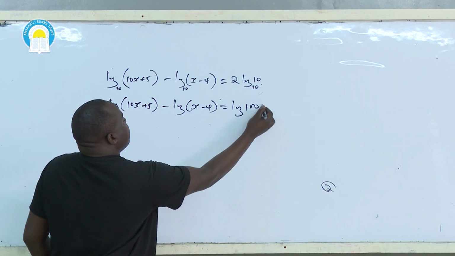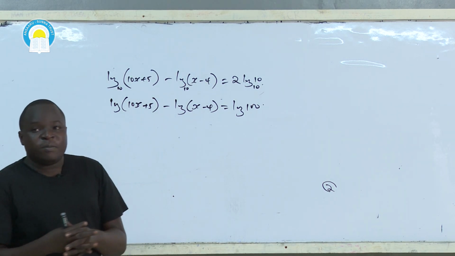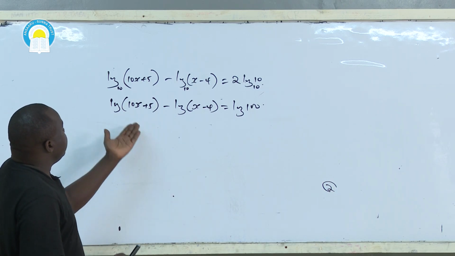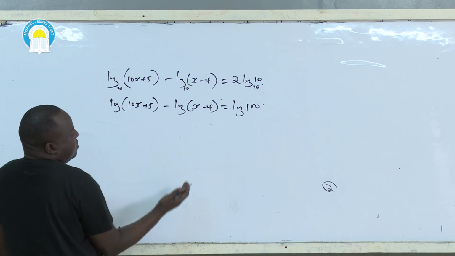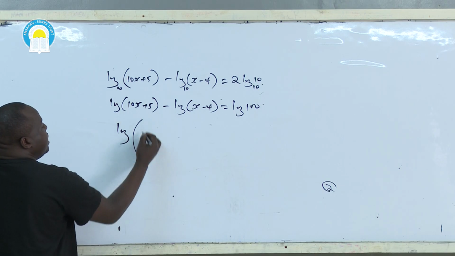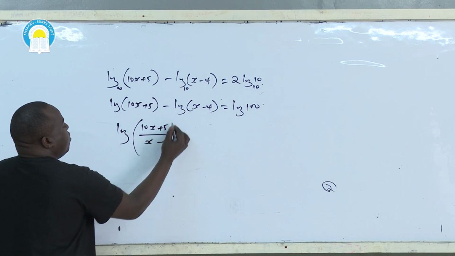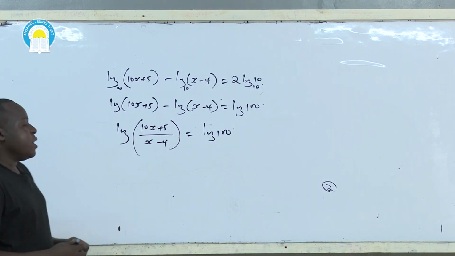Okay, now I have logs on all the terms and I don't have coefficients. So the next thing is just to do the operation using the other laws, which would be minus, I divide. So as a single log, this would be log of (10x + 5) over (x - 4) equals log 100.